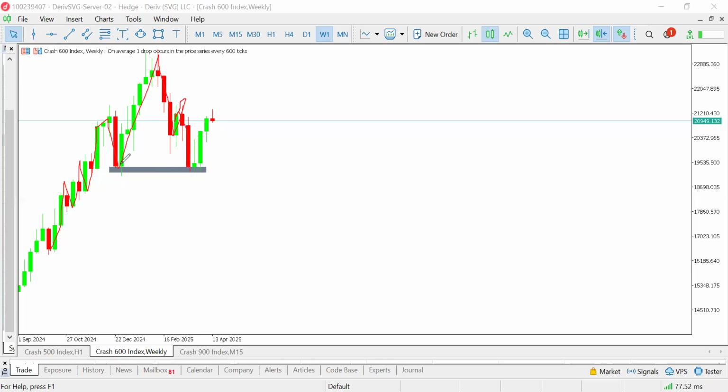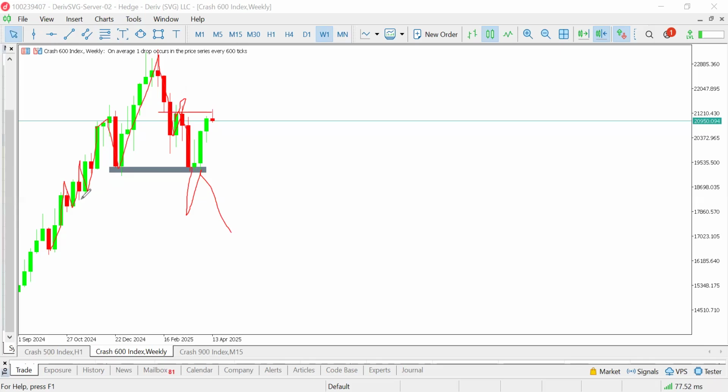If the market had taken out this major higher low and retested this level, then I would have said that there has been a change of trend. So even if there was a change of character here, the market is still in an uptrend. And then, of course, we can see that buyers had come into the market.